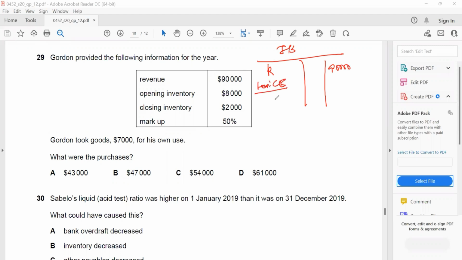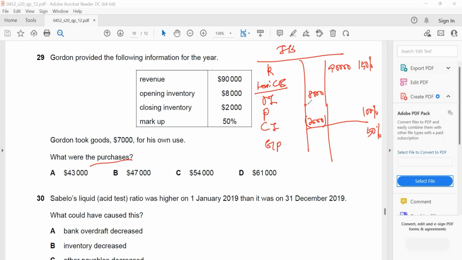Cost of sales: opening inventory, purchases, closing inventory. Opening is 8,000, closing is 2,000. And markup, which is the gross profit, is 50%. Markup is over the cost of sales, meaning cost of sales 100, this is 150. So we want to find the purchases, so find this one first.